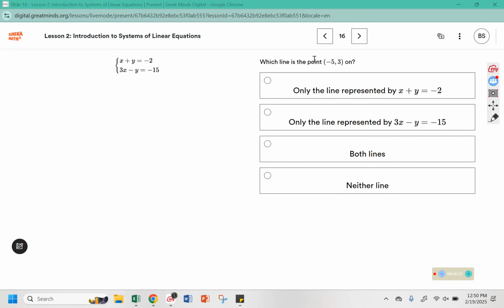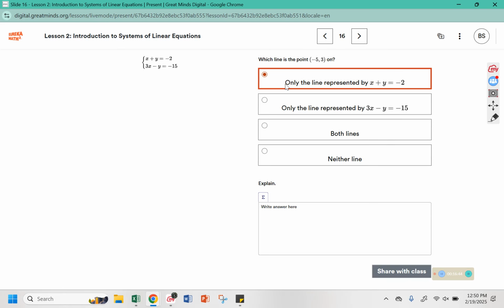It says, which line is the point negative 5, 3 on? It was only a solution to that top equation, so only the line represented by this.